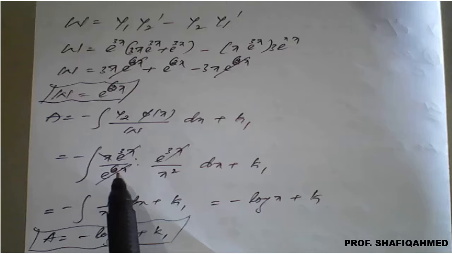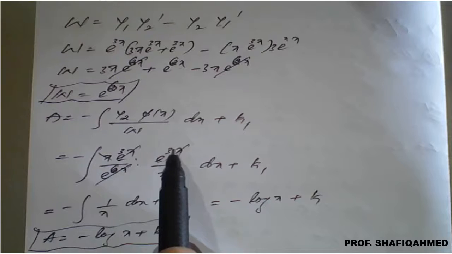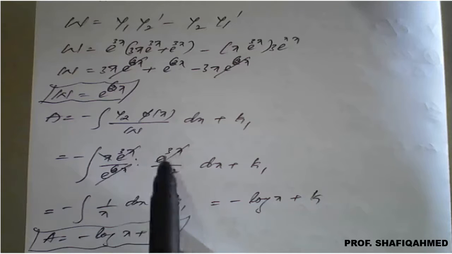This e raised to 6x we have here, and e raised to 3x into e raised to 3x is e raised to 6x, which is going to be cancelled with e raised to 6x. So 1x and among this 1x cancels.